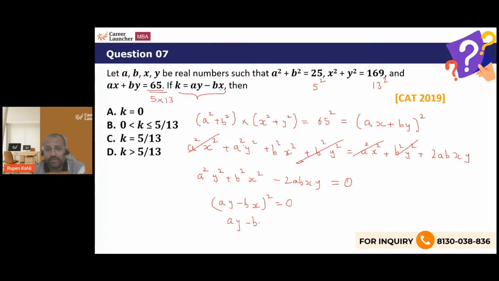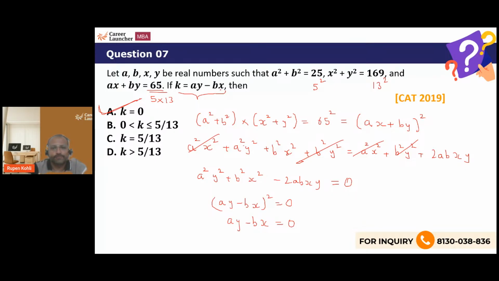So your k, which is ay minus bx, is 0 itself, option A, right? So I hope you understand the concept that I started with, how it is being beautifully applied in some of the questions also, right? Observe the numbers, right? Algebra is not just about variables, but also about the numbers. That's my message.